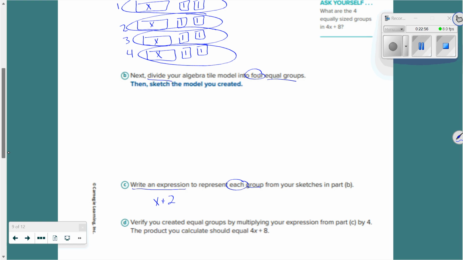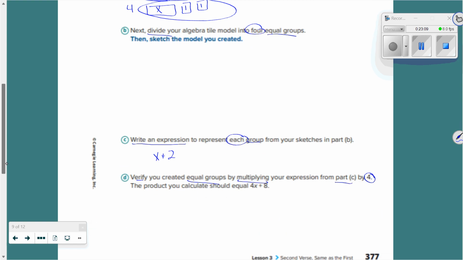Now, verify that we created equal groups by multiplying your expression for part C by 4. So I'm going to take this expression and multiply it by 4.